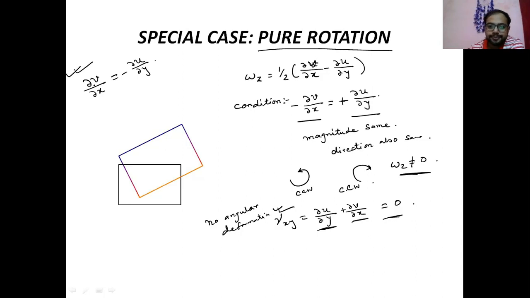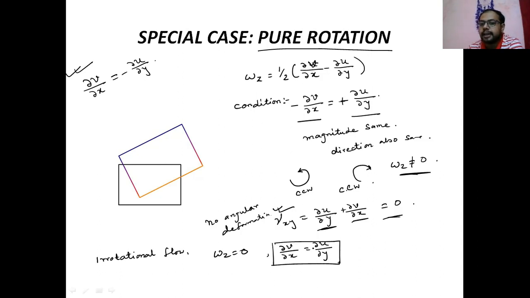Now no rotation, or irrotational flow. Irrotational flow is that omega z is equal to 0. Angular velocity is 0. So hence dv dx is equal to du dy. That is the condition.